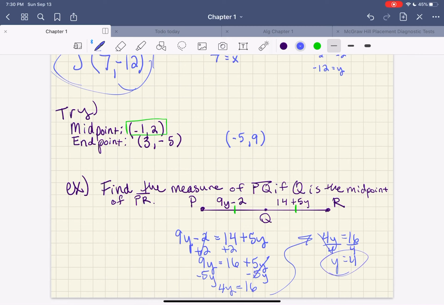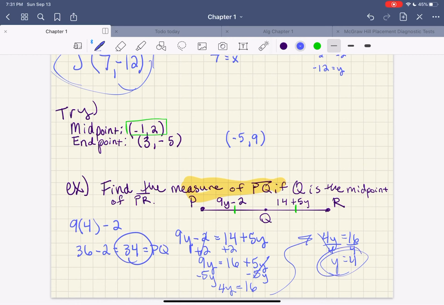We circle it because that's our initial reaction and we say, yay! But not quite. We need to find the measure of PQ. y is a variable that is going to help us find the measure of PQ. So I need to do 9 times 4, minus 2. 9 times 4 is 36, minus 2 equals 34. So that is the measure of PQ.